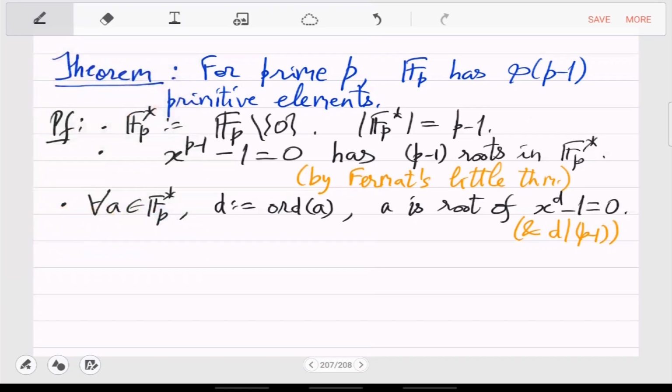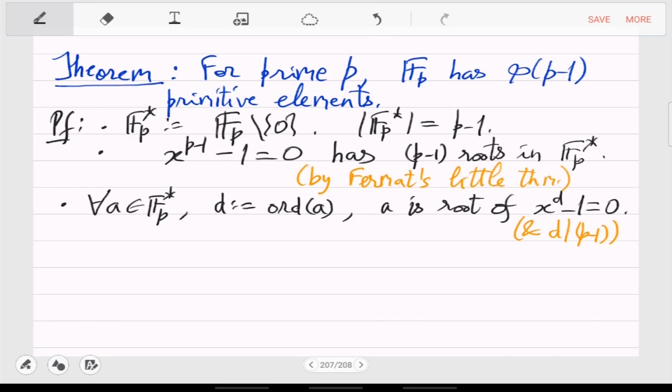So any ideas from this setting, how will you deduce that there are elements A for which D is equal to p minus 1? Right, you want to maximize D. The maximum it can be is p minus 1. How do you show that there will be A's with D equal to p minus 1?